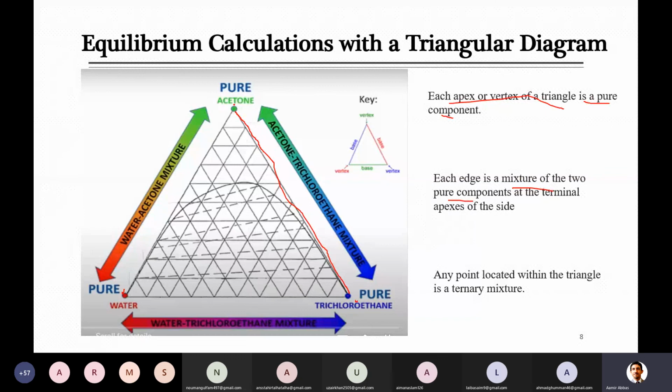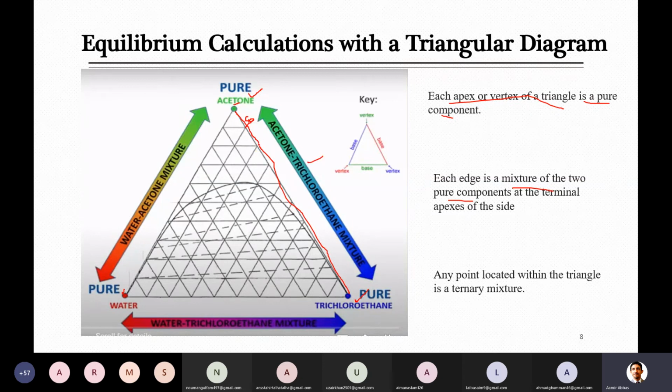Look here: at this point, acetone, you know that at the corner it is 100%, and when I reach here it is pure 100% of the other. In between, when we come to this point, acetone has reduced, and because along this line it is a 2 component mixture, the other component must have been introduced. Here it is written 90, so acetone is 90% and definitely 10% is the other component.